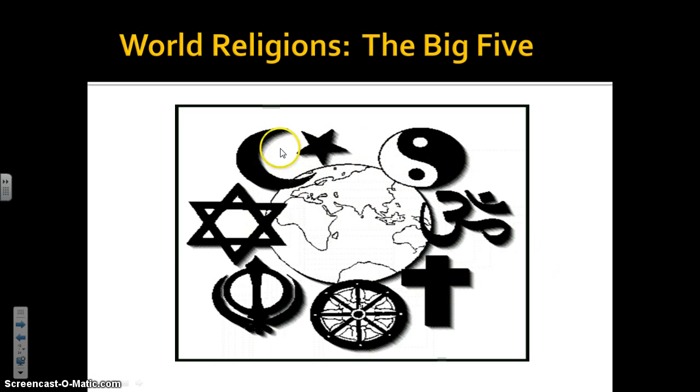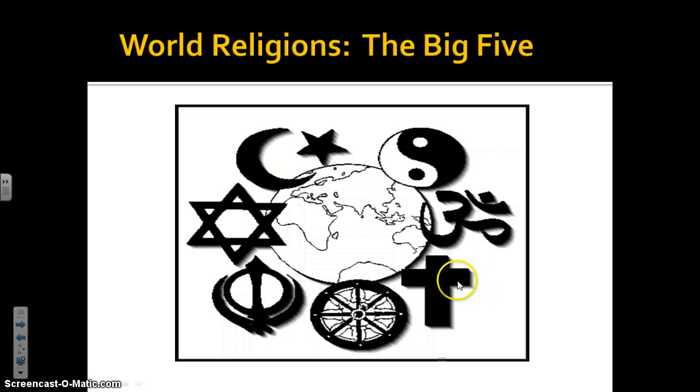This is the symbol for Islam. This is the symbol for Judaism. This is the symbol for Sikhism, which we won't be talking about, but if you're interested in learning about it, I can tell you. This is a mandala... actually, that's not a mandala. Sorry, it's the 8-spoke wheel. This is the symbol for Buddhism.